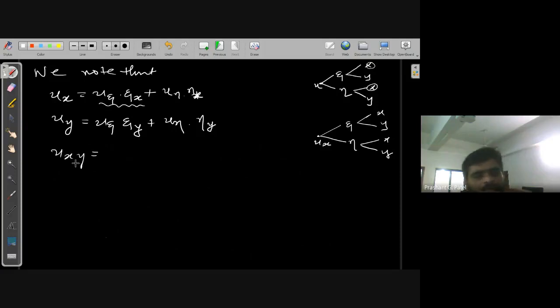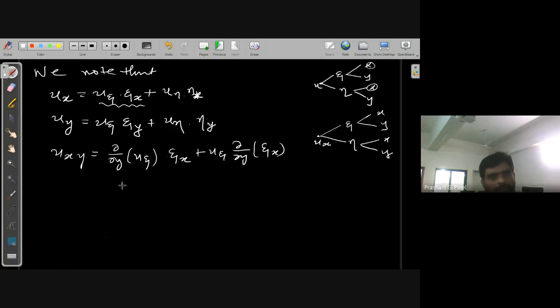So here we are differentiating this u x with respect to y, not x. That was my mistake. Actually, we are differentiating with respect to y. So it is del by del y of u xi into xi x as it is, plus u xi as it is, del by del y of xi x, plus the product rule will apply here.